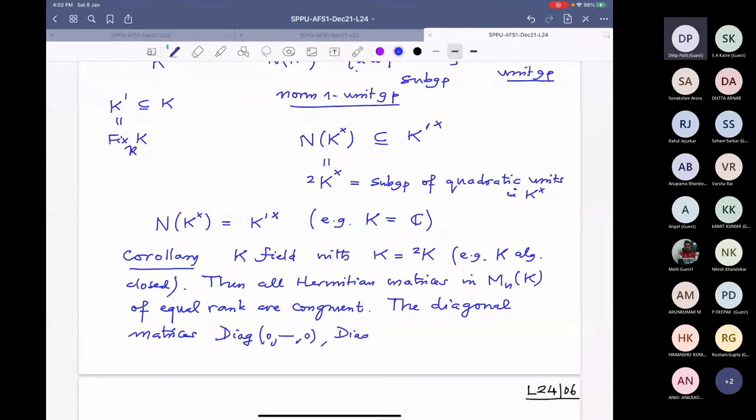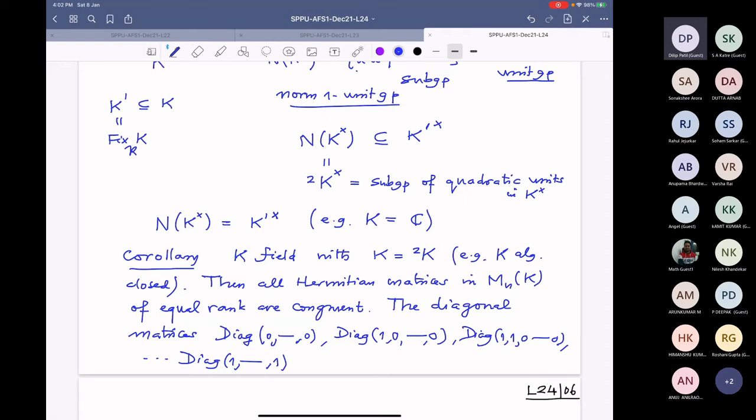Then diagonal matrices with 1 here and remaining zeros, and then 2 at a time, three at a time, and so on, and then diag all ones.